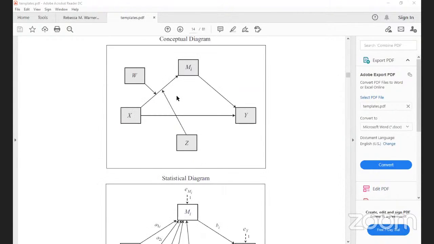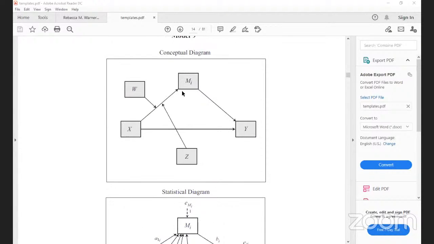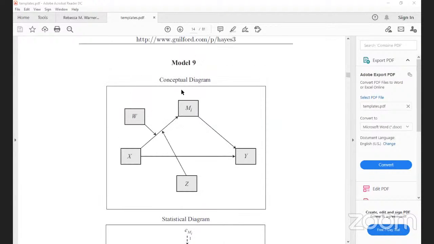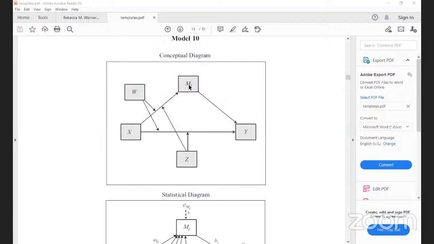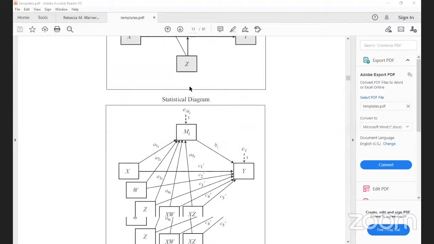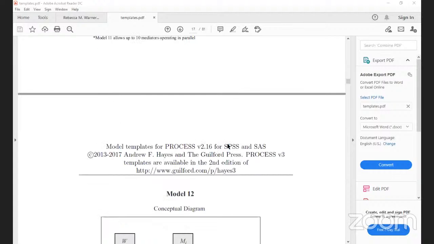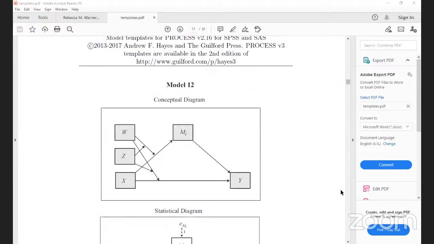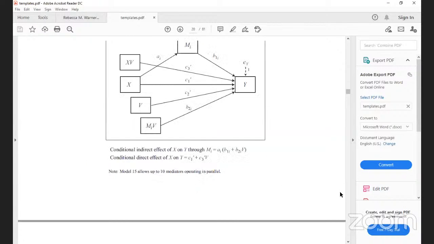This template is given by Andrew Hayes. There are more than 100 types of models, very complex models.